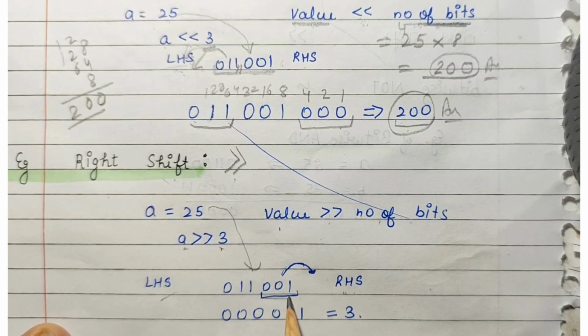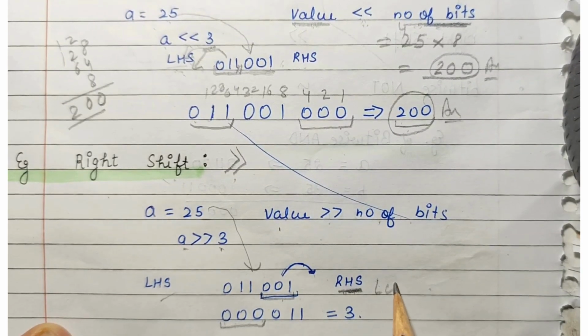So here the last 3 bits, the rightmost 3 bits, are shifted on the right hand side, and 3 padding bits are added on the left hand side. This 001 is lost.